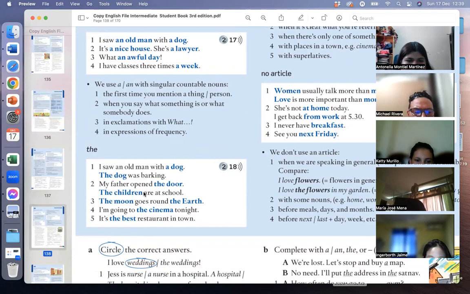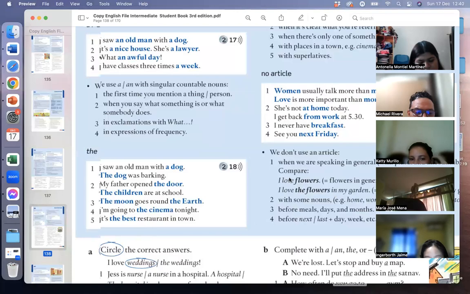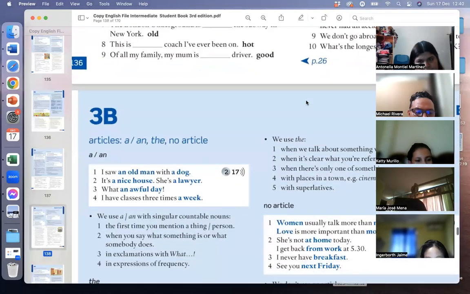Number 3, the moon goes round the earth. Number 4, I'm going to the cinema tonight. Number 5, it's the best restaurant in town. Very good. Maria Jose, could you start reading the rules now?